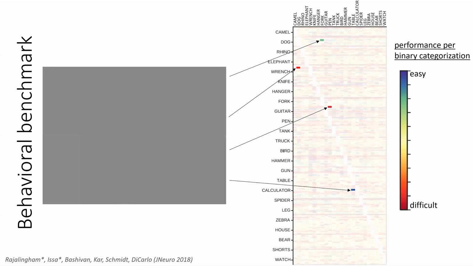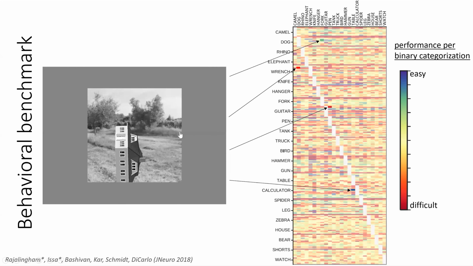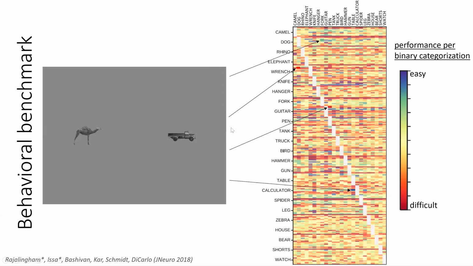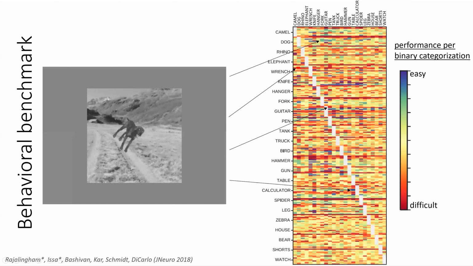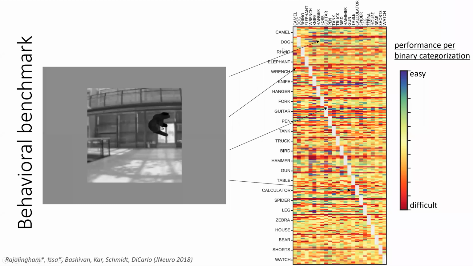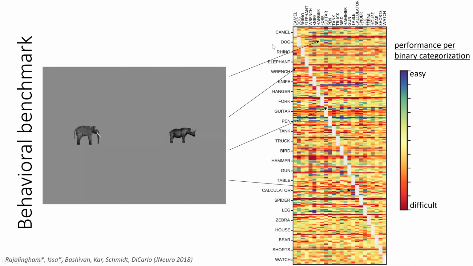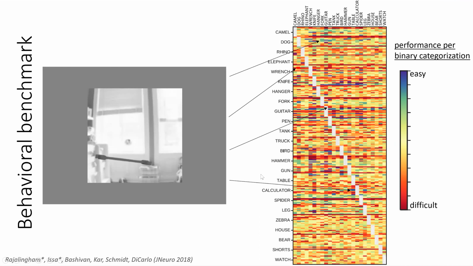So we show this to humans on mTurk, as well as monkeys, but for all of these different tasks, for instance, discriminating between a camel and a truck, you can fill this matrix that tells us how difficult it is to categorize one over the other. For instance, categorizing images of a dog against the distractor of a fork is pretty easy, whereas a person always has trouble categorizing the image of an elephant versus that of a rhino.